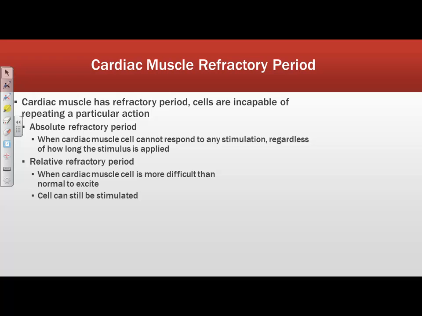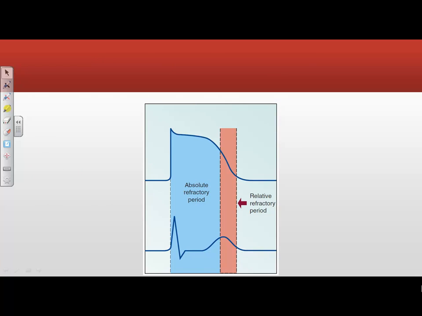The absolute refractory period occurs during the peak of the... Wait, before you write that down. Yep. Okay. The absolute refractory period occurs from the start of the QRS, all right, to the peak of the T wave.